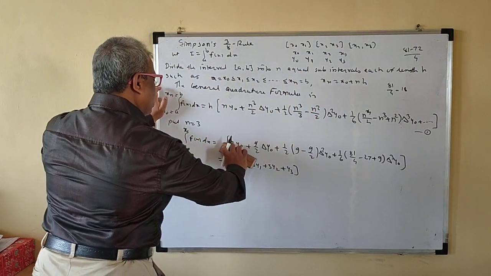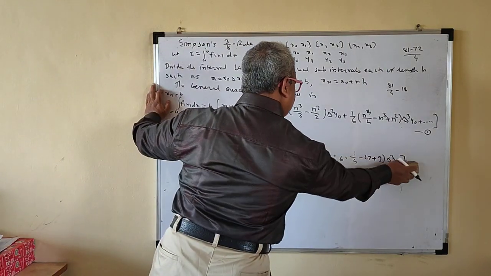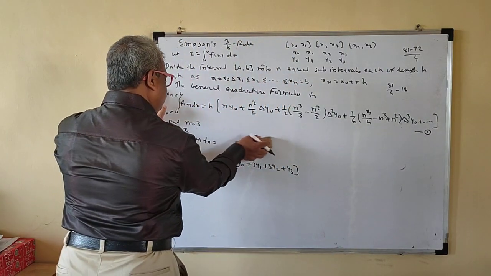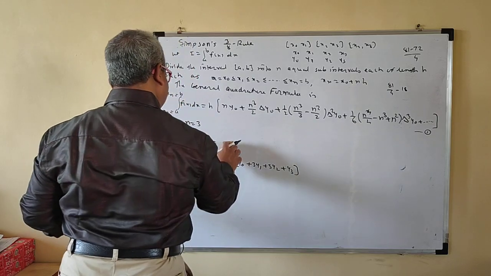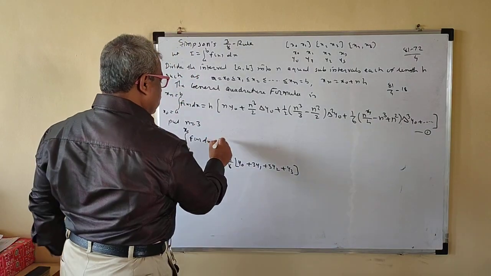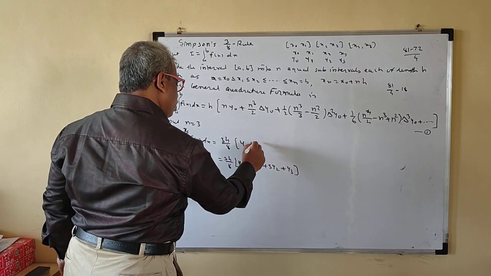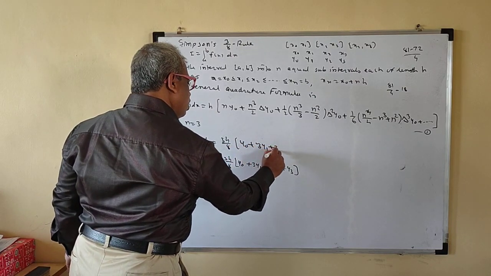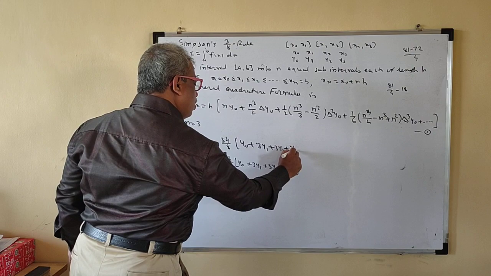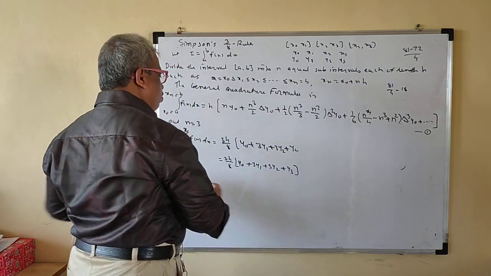So therefore I write this here now. 3h by 8 (y0 plus 3y1 plus 3y2 plus y3).